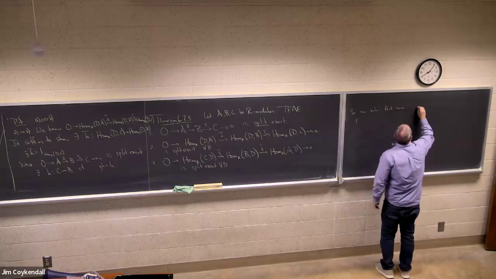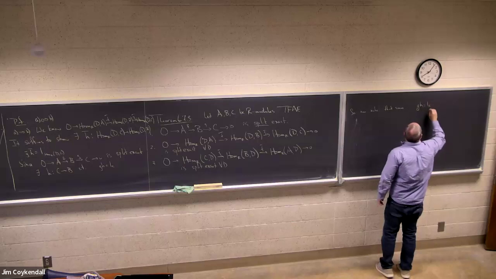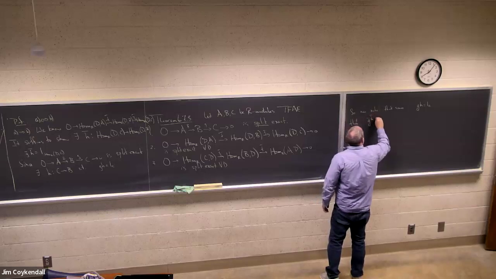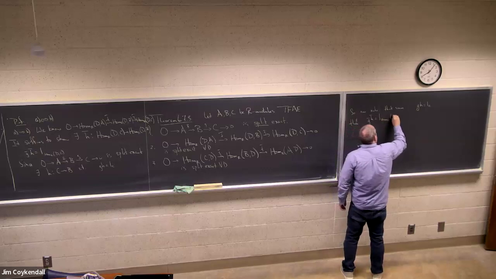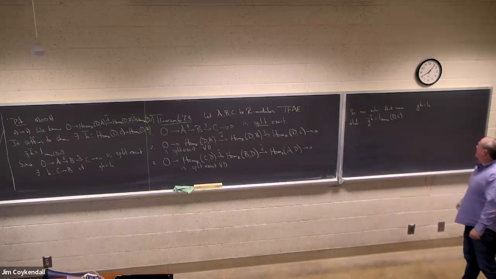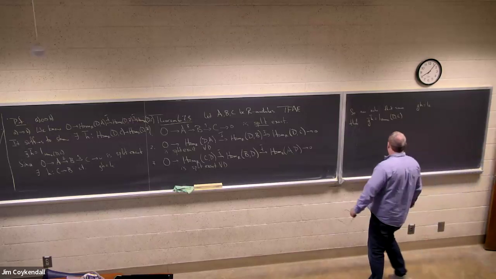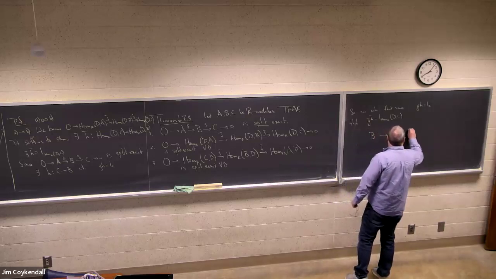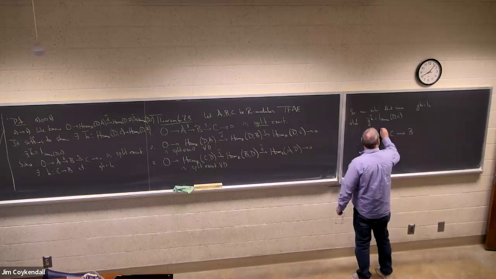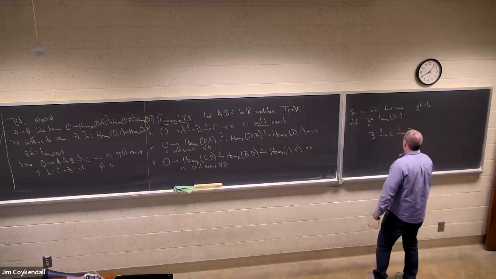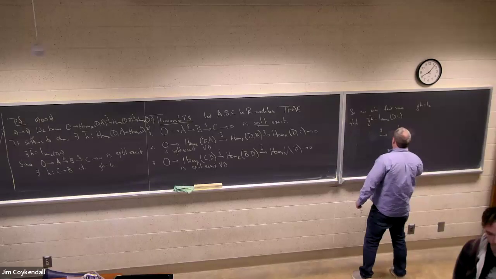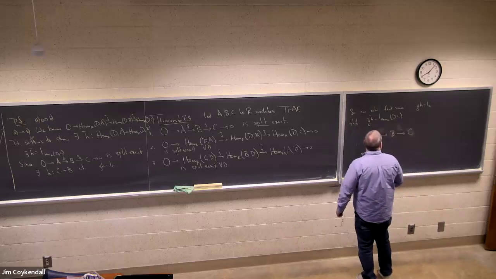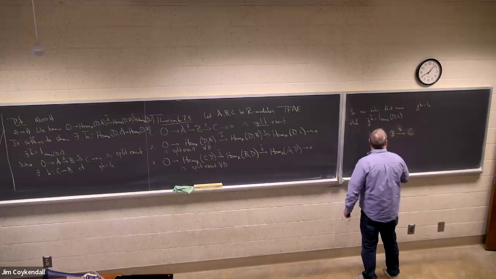Because what happens here is first we go H from C to B to G. This is the identity.